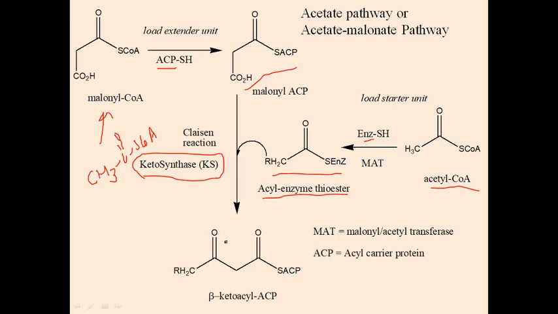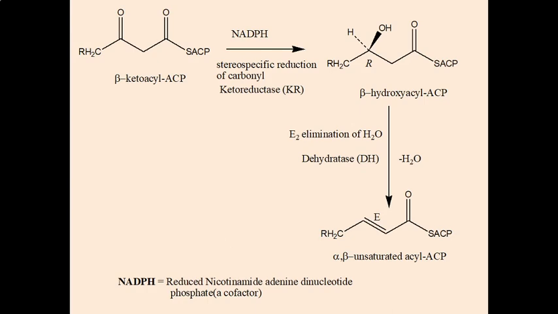And let's look further. This beta ketoacyl ACP, which is just formed by the enzyme ketosynthase, will undergo reduction in presence of the enzyme ketoreductase. This ketoreductase will carry out reduction, and this needs a cofactor. The cofactor which is required is NADPH. It will add hydrogen here.